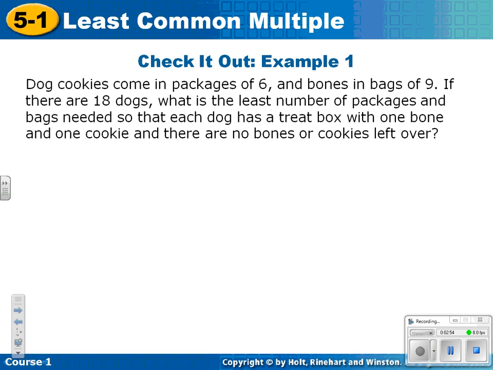The next one. Dog cookies come in packs. Dog cookies. I think they mean dog treats, like cookies for dogs. Not what you're thinking.